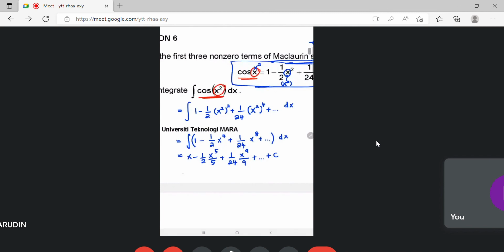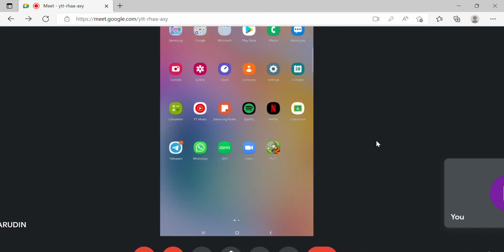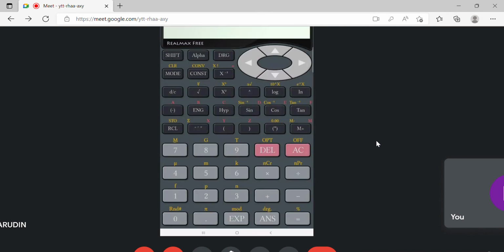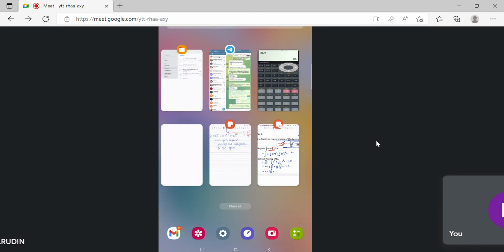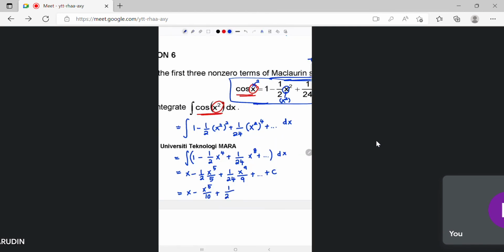So, the next one, just simplify. x power of 5 over 10 plus 24 times 9 berapa? 216. Okay, so sini dapat 1 over 216 x power of 9 plus dot dot dot plus C. So, this is the answer.